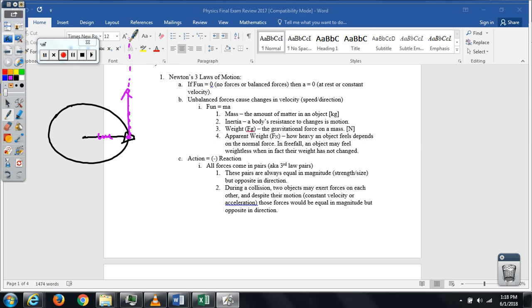When the string was still attached, there was a force pulling the stopper towards the center. That's our force of tension, which in this case is centripetal force for the system. But once that force is gone, then we're left with moving off in this straight line path.